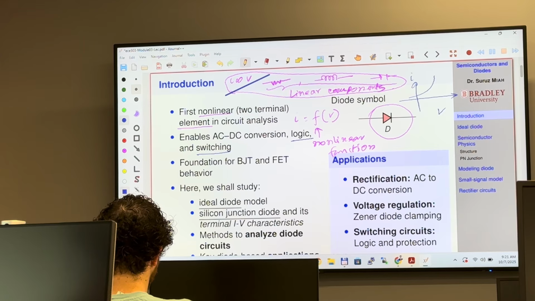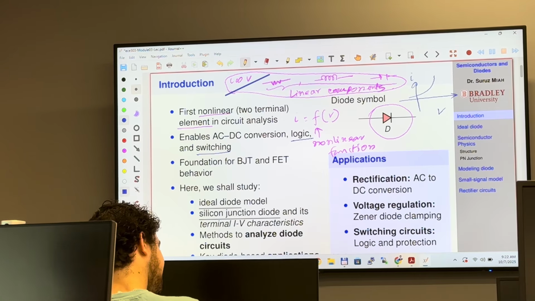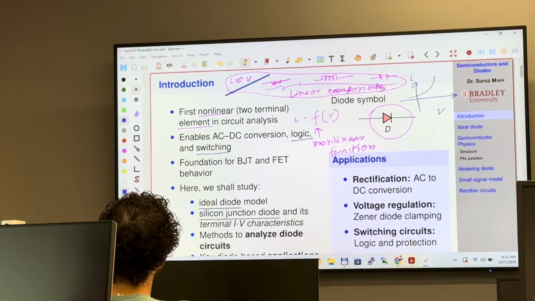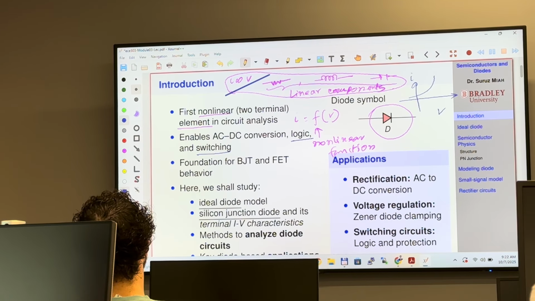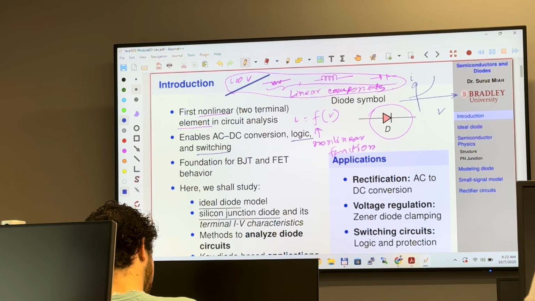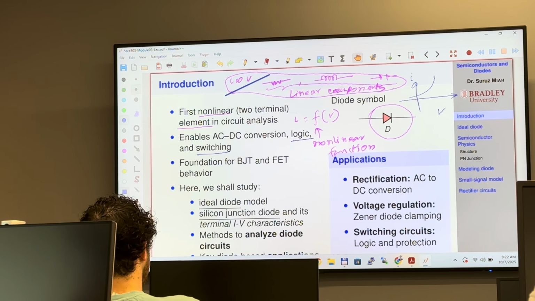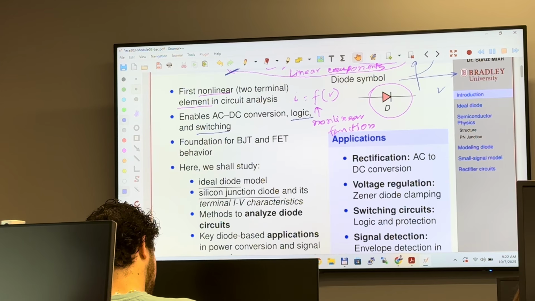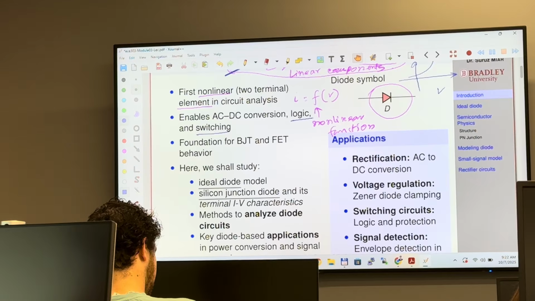You have seen the truth table 1, 0, 1, 0. These are just on-off signals, basically, and they are actually implemented in circuits using semiconductor devices. This diode is the foundation of BJT, bipolar junction transistor, and field effect transistor that we will be studying in module 4 and module 5.